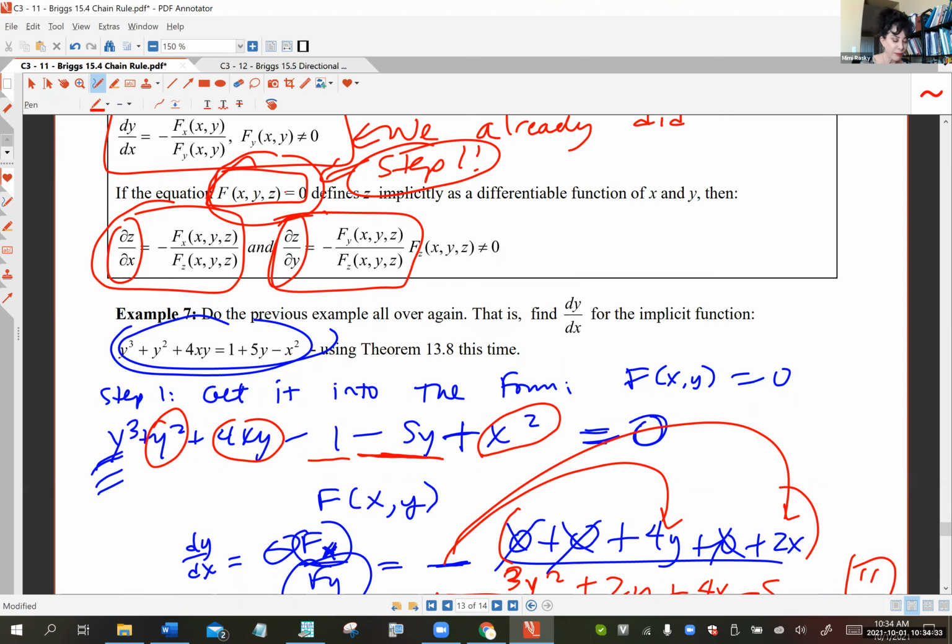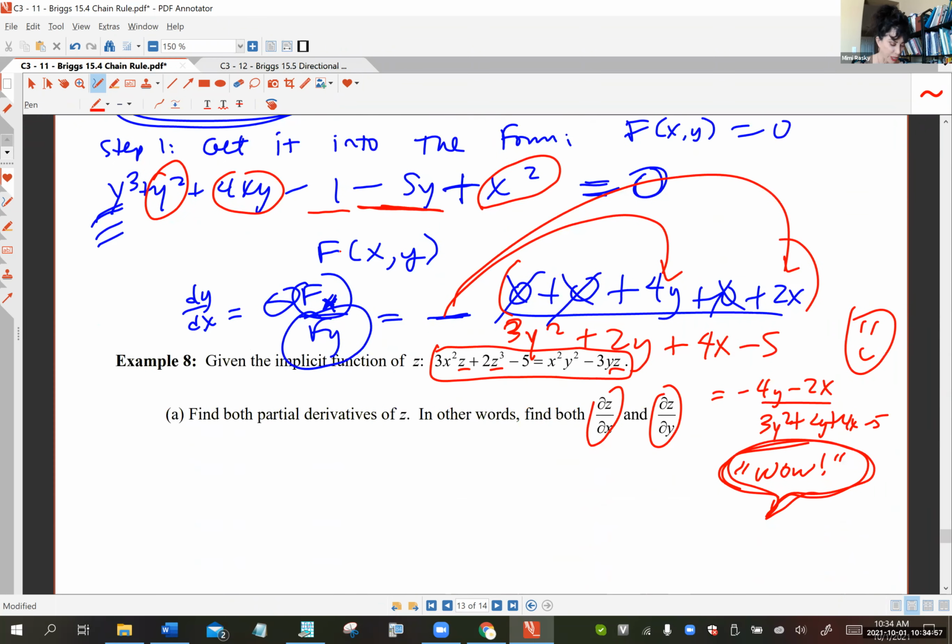And then you rename all that junk on the left big F. And once you have big F, then you can get dz dx because it'll be negative big Fx divided by big Fz. And then we can get dz dy because it'll be negative big Fy divided by big Fz.